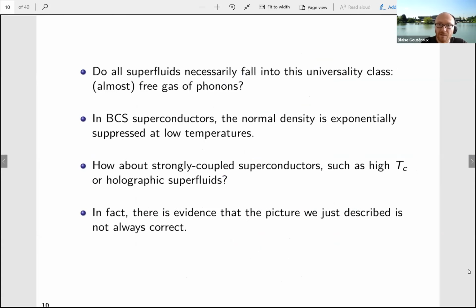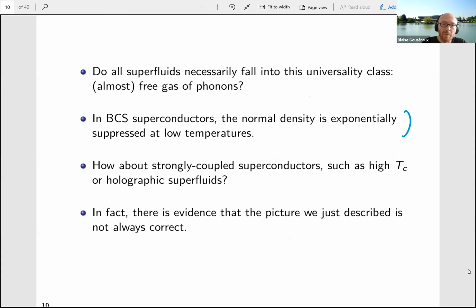Now we could ask, do all superfluids necessarily fall into this universality class, so the almost free gas of phonons? Well, one other check that you can do is you can look at BCS superconductors. You can compute there what is the normal density and the superfluid density. And in these systems, you find that it's exponentially suppressed at low temperatures.